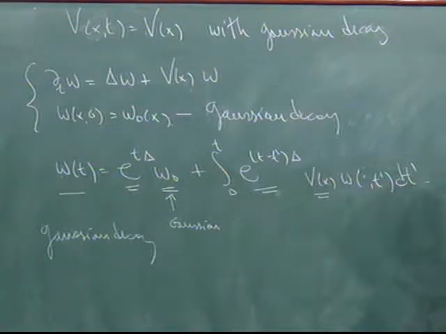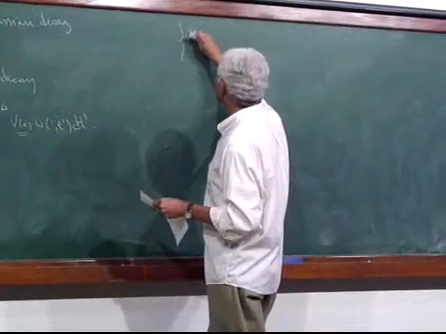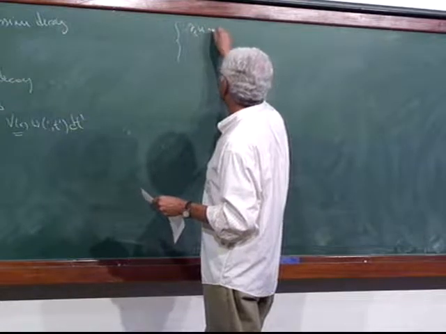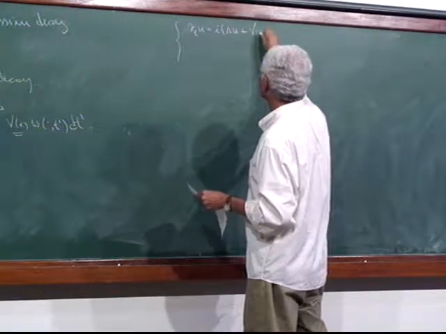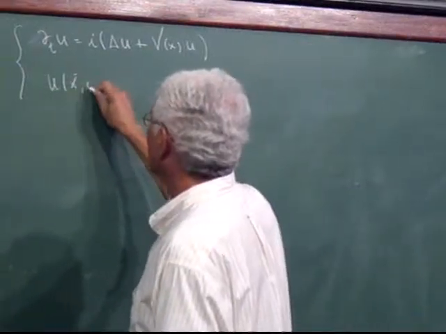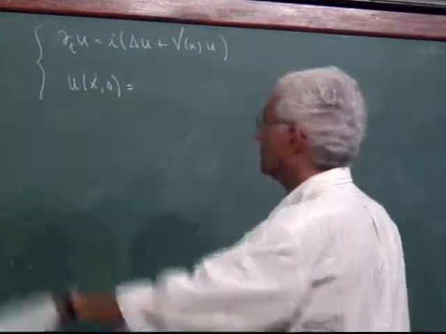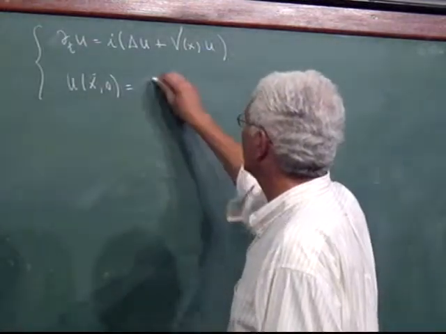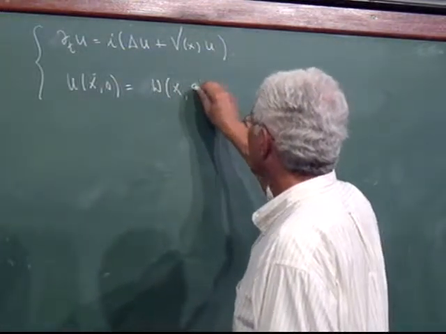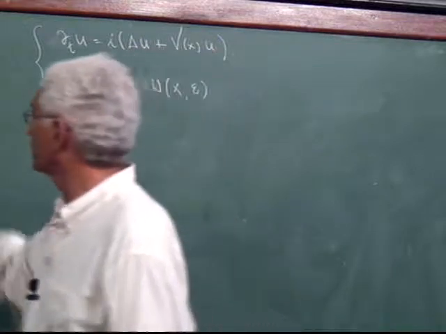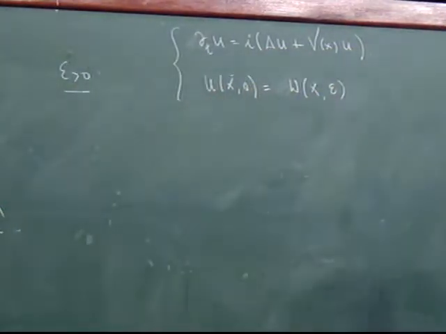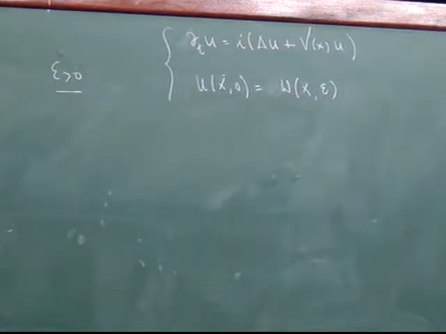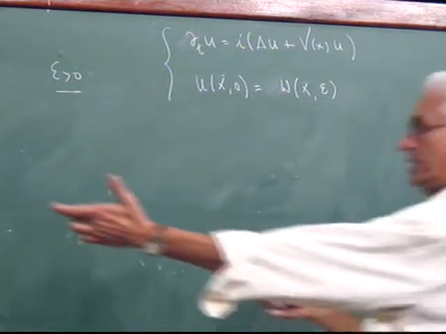Solve this problem with the same potential, and I put the initial data to be the solution of this problem, W of x at the time epsilon, for epsilon positive. Any epsilon you want positive. Your initial data is going to be the solution of this problem at time epsilon.